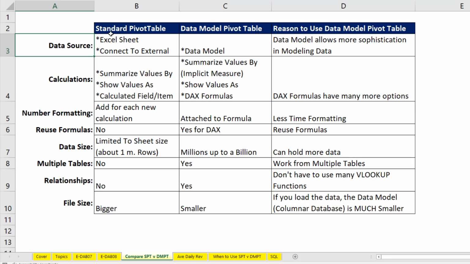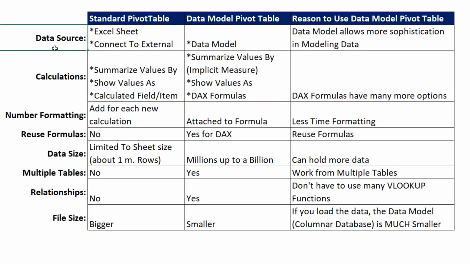Now, what are the differences between a standard pivot table and a data model pivot table? Well, data source: of course, we're coming from an Excel sheet or connecting to external data when we do standard. For a data model pivot table, of course, it's coming from the data model. Reason to use the data model: the data model offers more sophistication, multiple tables, relationships, and DAX.